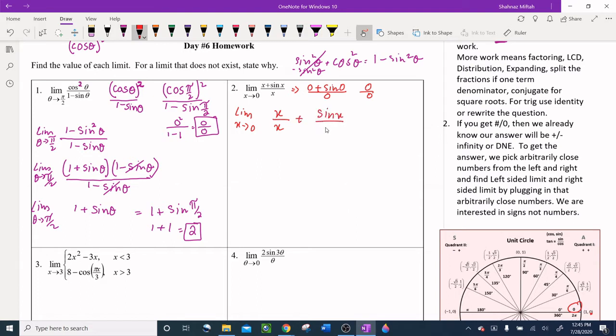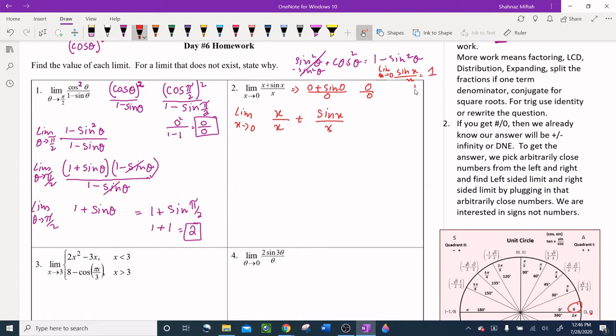Sine x over x. We do have an identity over here. If you remember, that was one of the special trig functions. If you have sine x, where the argument and the denominator are exactly the same, and x approaches 0, then my answer is 1.